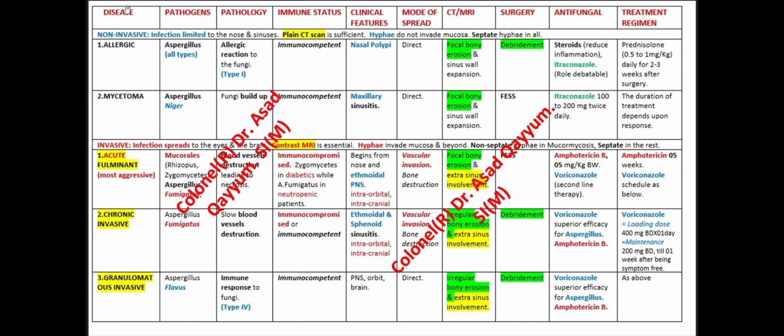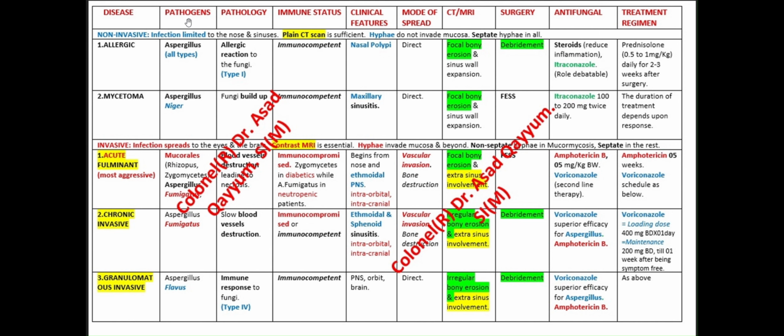If you look vertically, these are the classification with subclassifications of non-invasive disease and invasive disease, with subclassification of the three varieties. So, disease non-invasive: infection limited to nose and sinuses, plain CT sufficient, and hyphae not invading mucosa, and they are septate in all.